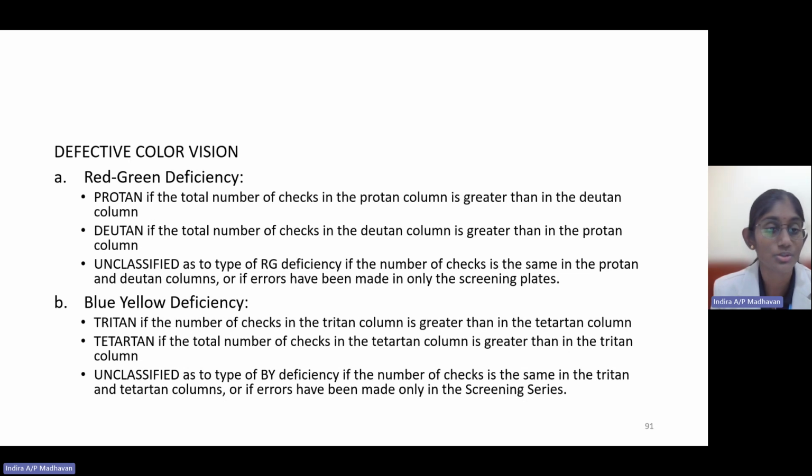Unclassified as to the type of blue-yellow deficiency, if the number of checks is the same in the tritan and other columns, or if errors have been made only in the screening series. So basically, when a patient has a defect, they would have more checks on certain colors. That would indicate that the patient has this kind of color vision deficiency. The same applies for blue-yellow also.